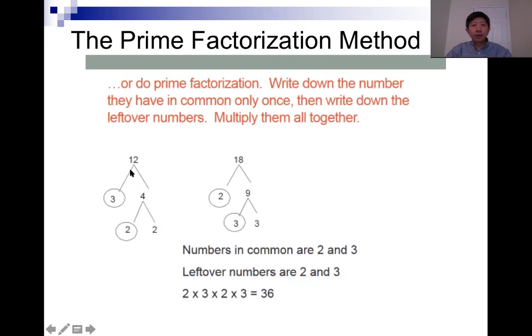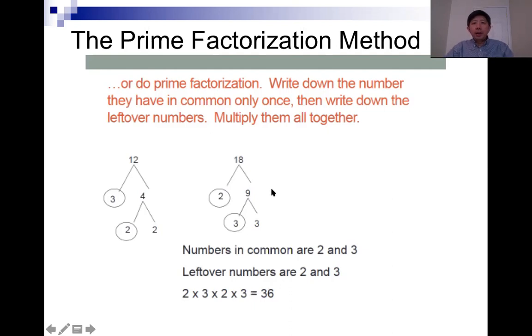So you can observe 12 and 18: what numbers are in common? 3 and 2, 2 and 3. So we take 3 times 2 times 2 times 3, and therefore we get 36. This is the prime factorization method, okay? You multiply all the factors together, and then you will find the LCM.